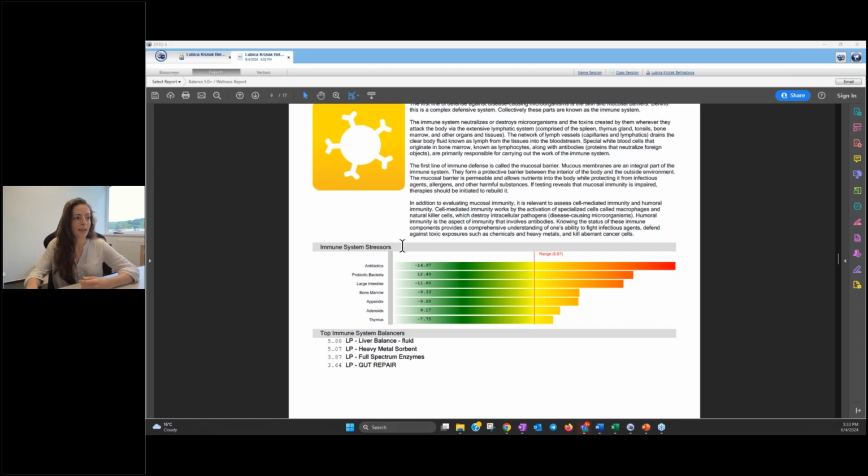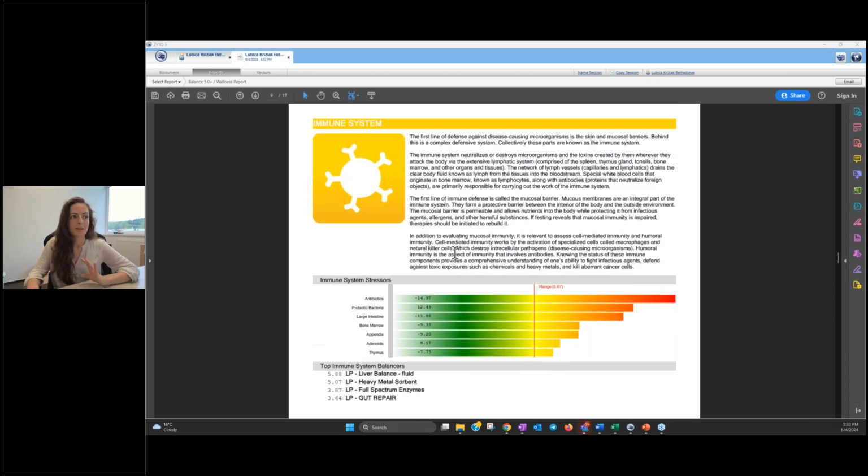So that's another thing to look at. And then at the end of each of these pages, there is a list of Life Prosper products that will bring this specific area back to normal. So this is my priority. We want to look closer at it.